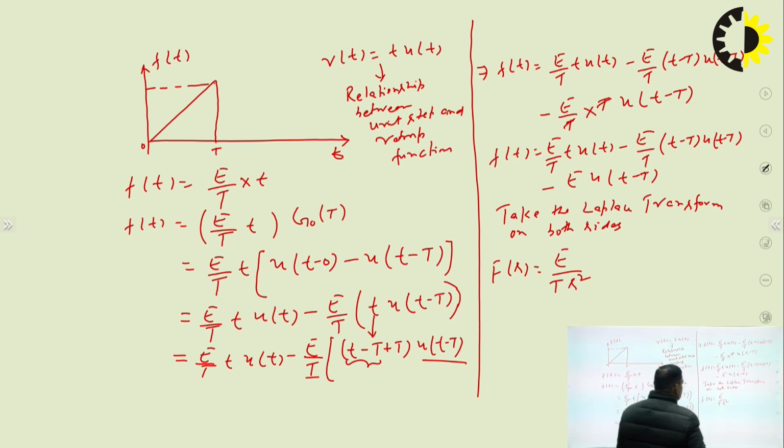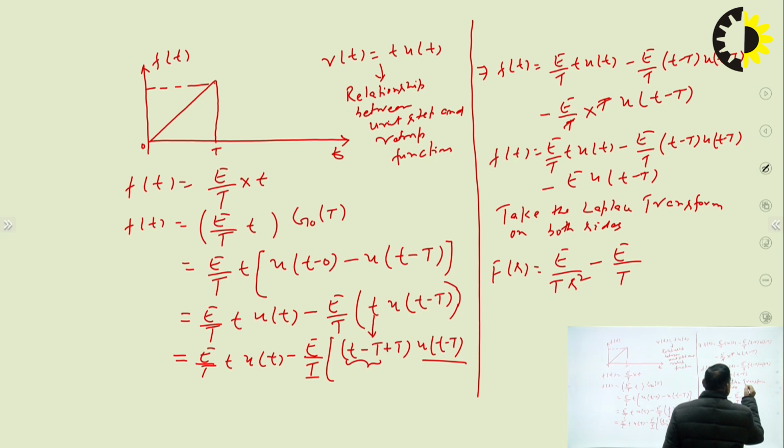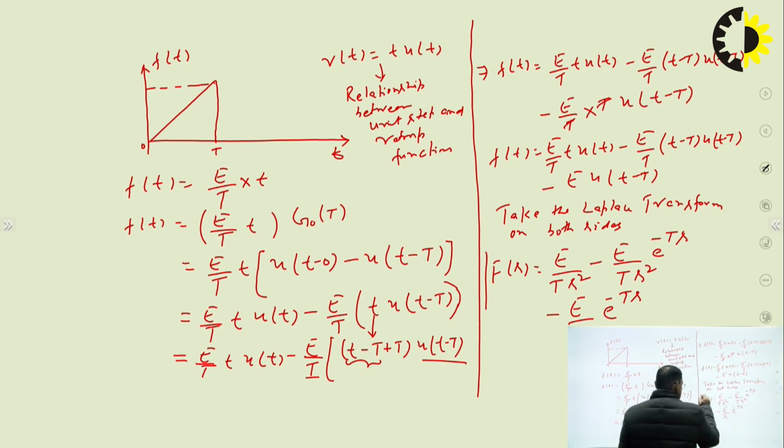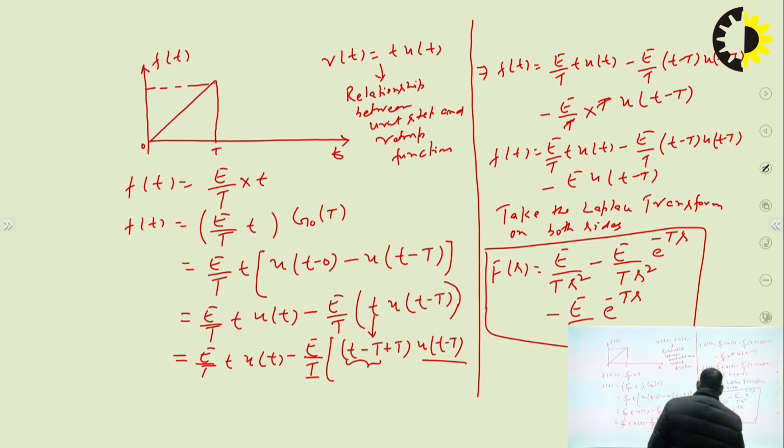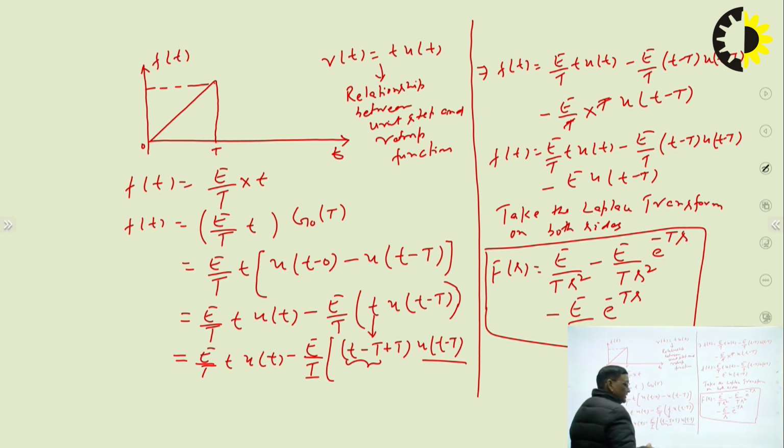Okay, so we know that the Laplace transform of ramp is 1 by s square. Then this is just shifted ramp, (E/T s square) e to the power minus Ts, and the third component is shifted unit step, so it is E by s e to the power minus Ts. Okay, so this is the Laplace transform of given function f(t). So this is the way we can carry out the waveform synthesis using the gate function.